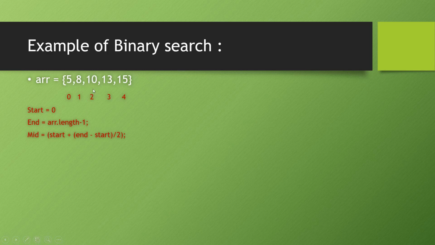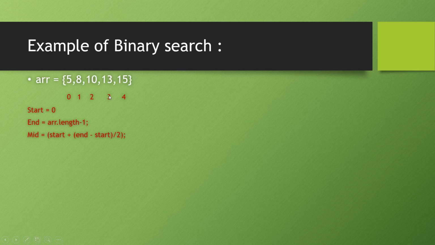So the mid value is 10, the right portion is 13 and 15, and then we find the mid element of these two elements. Because 10 is not equal to 13, we change the value of start. The value of start is now mid plus 1, which is 3.